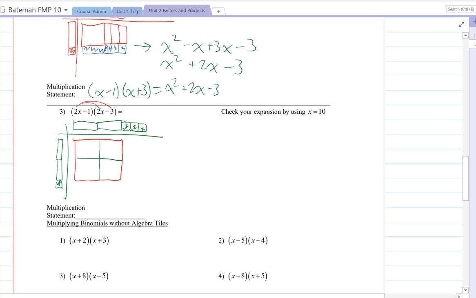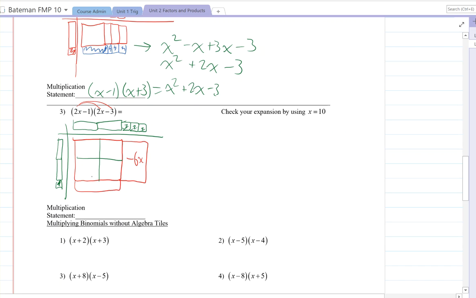And then we have 2x times negative 3, which gives us negative, well, these are all shaded, right? It gives us a negative 6x. So if you have lots to draw, you could cheat a little bit, especially if you have large numbers. You could just write in there negative 6x. And then we know that that's negative 6x.